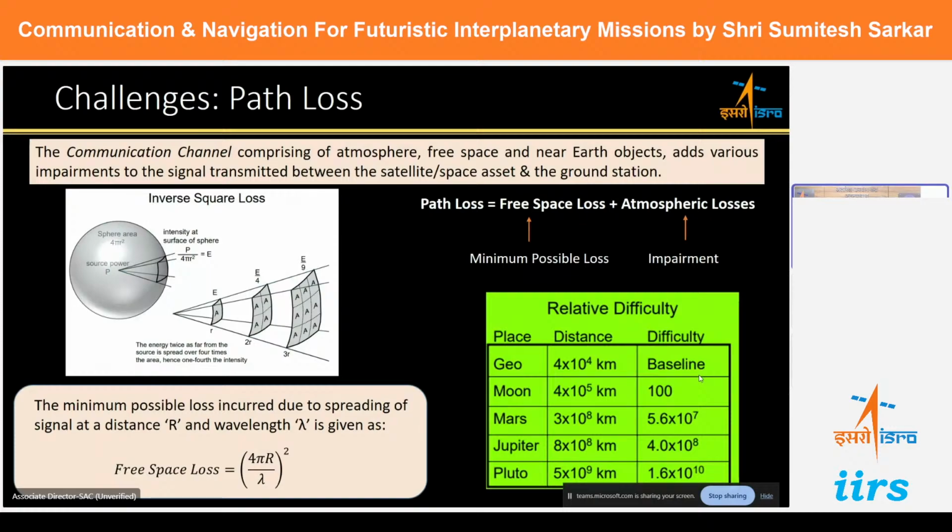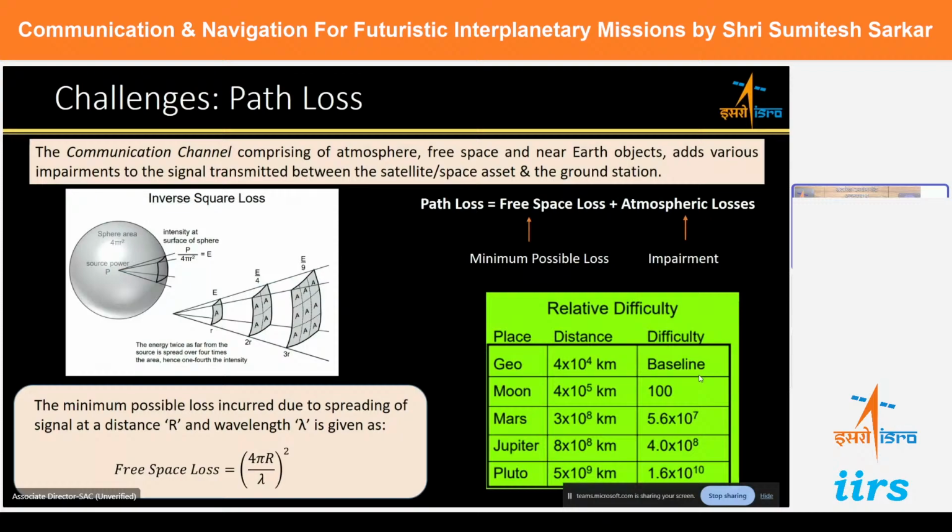That means if we put an antenna of aperture size A on the receiving side, if you see the last part of the diagram where 9 A's are there, it will only receive 1/9 of the signal that is transmitted, because that much energy only it can capture. So as you go away from the transmitter, the strength of the signal will reduce.